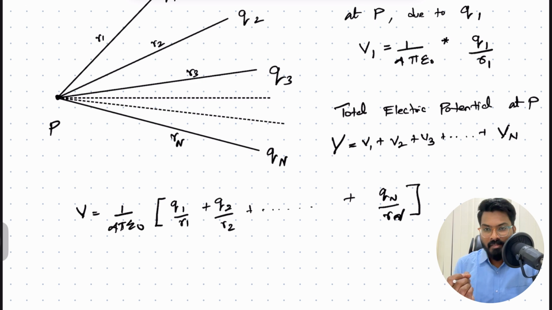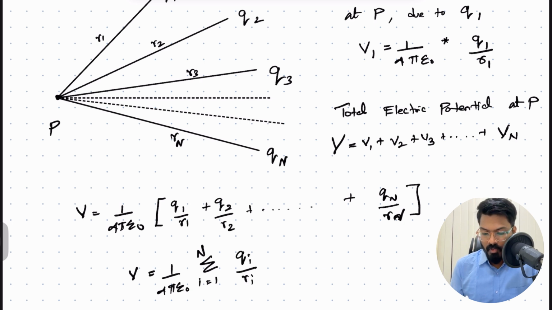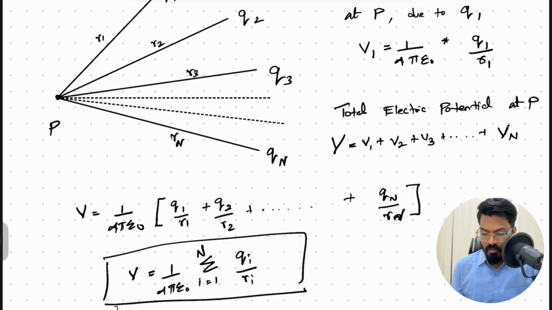Can we express this as a summation? Yes. So V equals 1 by 4 pi epsilon naught sigma i equal to 1 to n, Qi by Ri. This is the expression we are looking for.